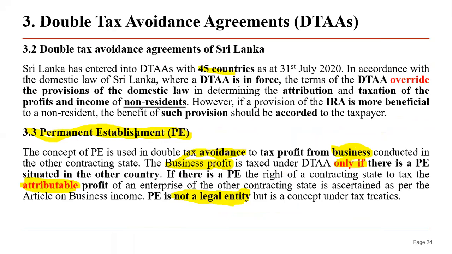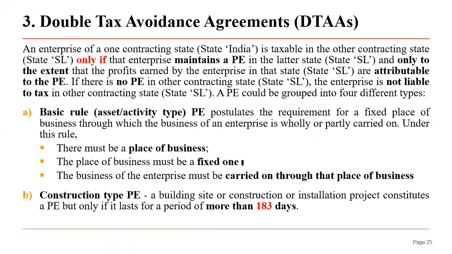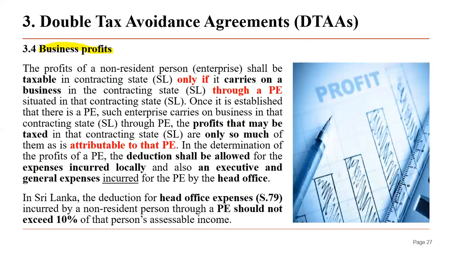You can link these theories to the relevant DTA when you are referring to it. You can refer to this summary of the DTA, and at the same time refer to business profit as well.